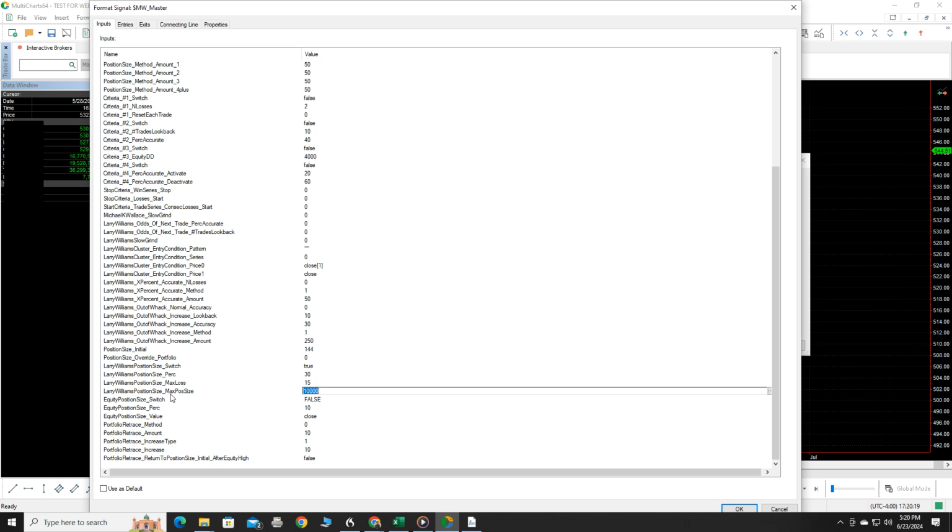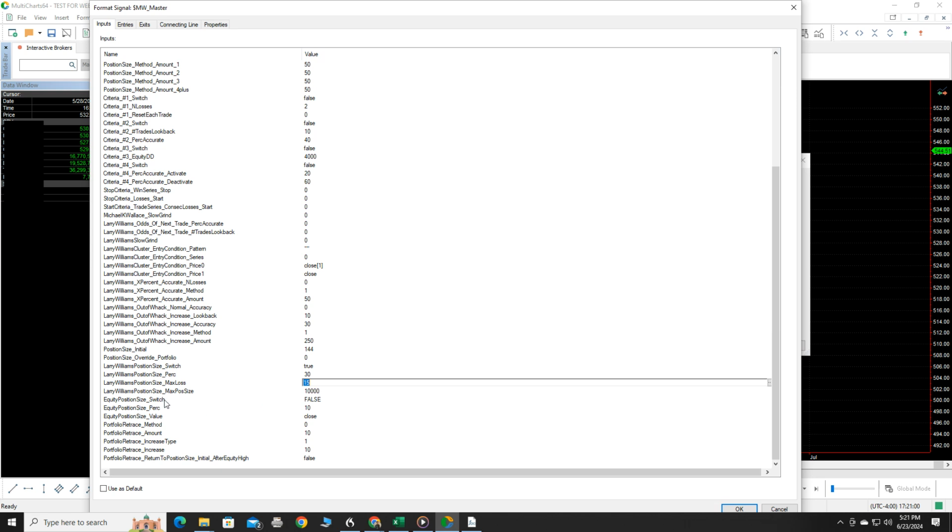And then we're going to divide by Williams position size, maximum loss, stop loss. If it's set to 0, by default, it's the maximum drawdown in your strategy. If you put in a number, it will divide the account by that figure. In other words, it will take investment plus profits, times 30% of that, and then divide it by this number, which could be your stop loss, for example, or if left at 0 would be the maximum drawdown in the account.